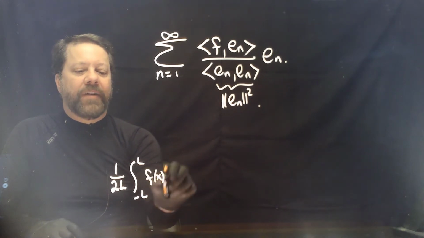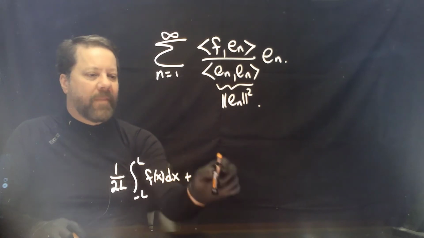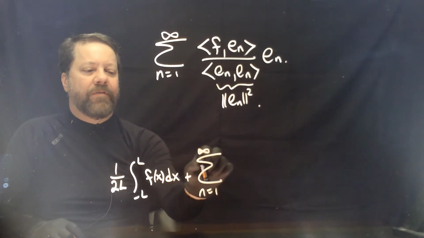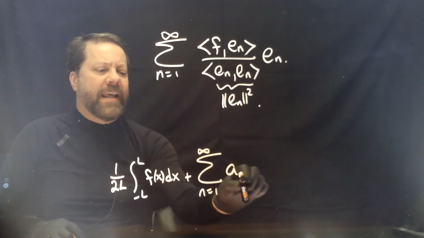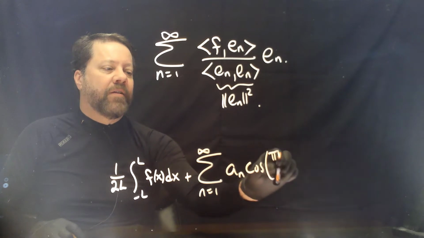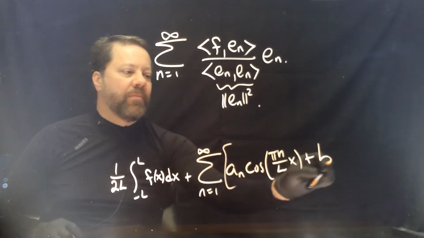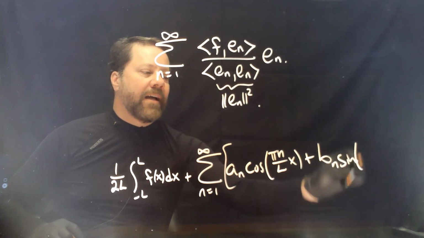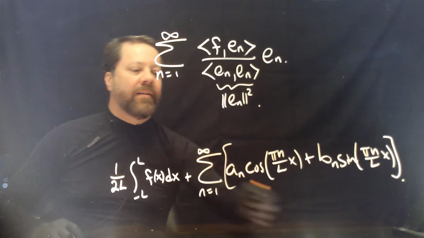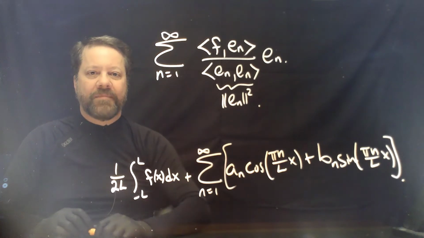We'll integrate the function up against the number 1 plus the sum as n goes from 1 to infinity. We'll have an cosine of pi n over L x plus bn sine pi n over L x. And the an's and bn's come from this representation.